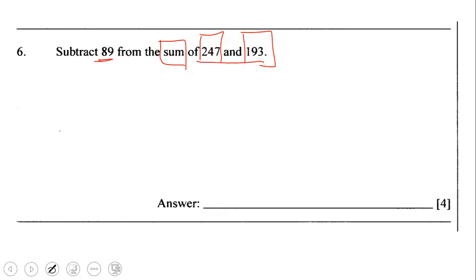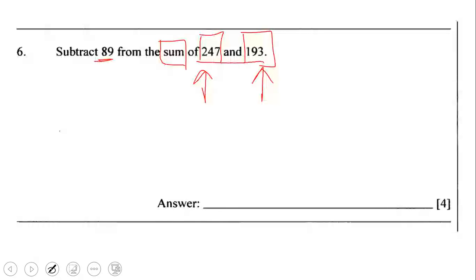In order to find the sum, we must add those two numbers. So we're going to add the numbers 247 and 193, and let's do that on this blank screen that is here.